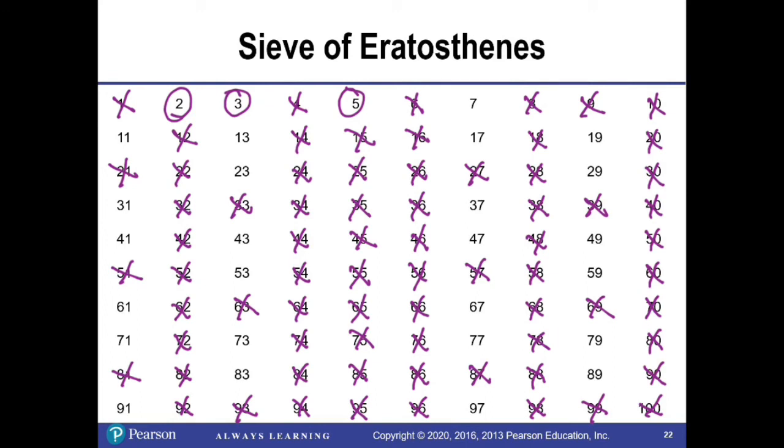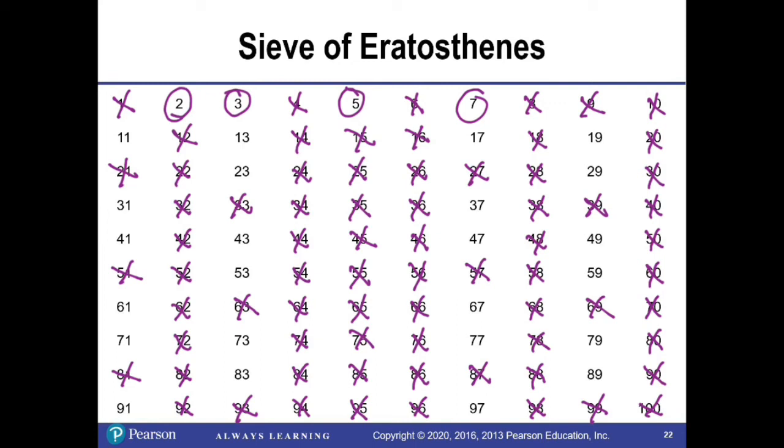Now 7 is the next prime number. Think about the multiples of 7. So I can say 7 times 2 is 14, times 3 is 21, times 4 is 28, and so on. Or I can say 7 plus 7 is 14, plus 7 is 21, plus 7 is 28, plus 7 is 35, and notice these are all marked off so far.